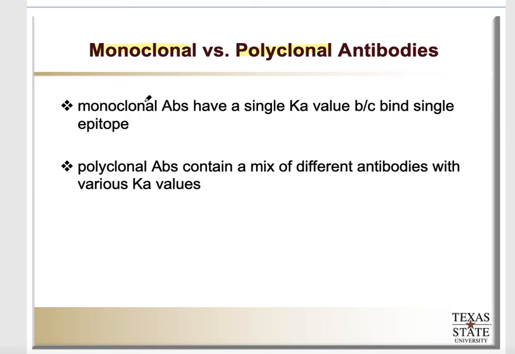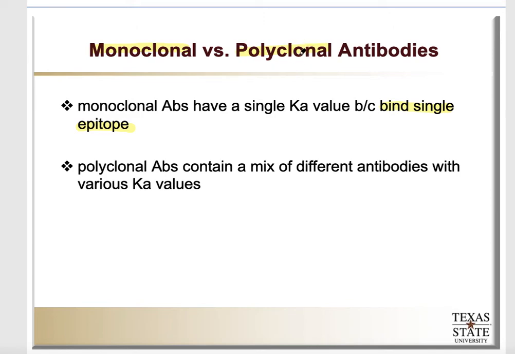Now, because it's only a single antibody type, it is going to have a single Ka or affinity constant for binding, and it binds a single epitope. The main thing that I want you to remember is that it binds a single epitope.